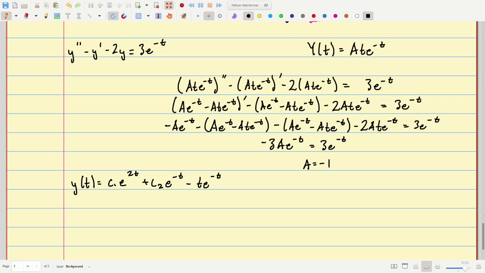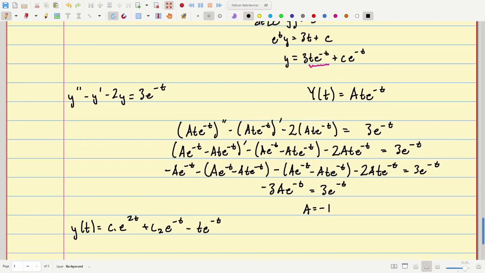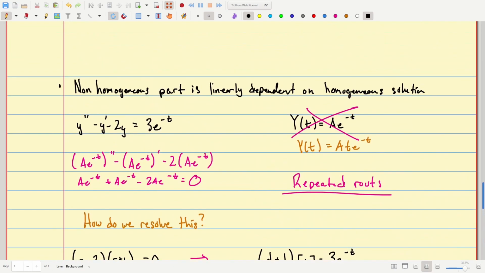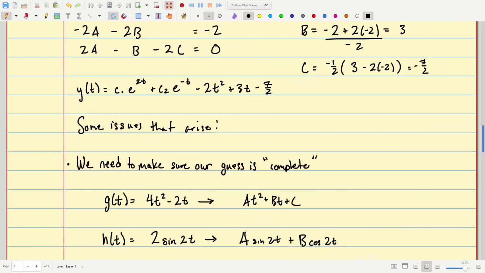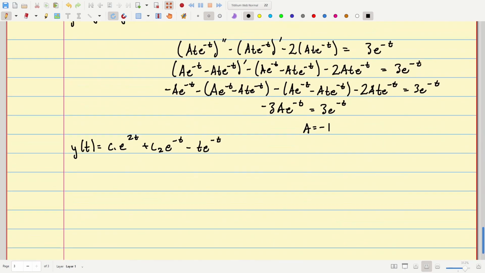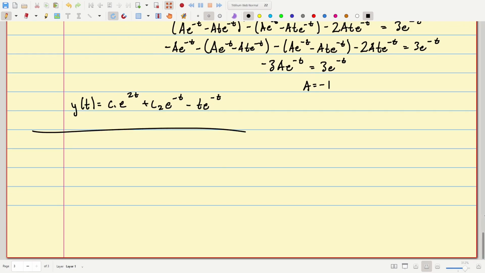Okay, two more things for us to cover in this section. What's the particular solution of this problem? Or sorry, what's the general solution to this problem? We'll say it that way.